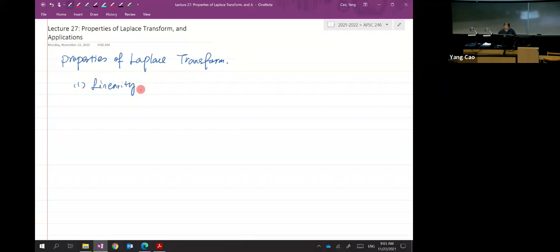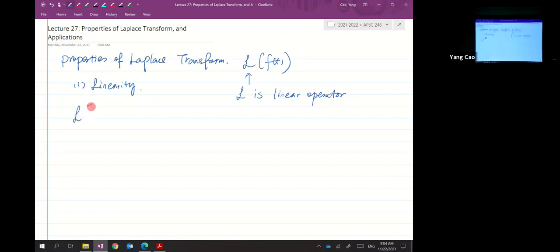So linearity basically means the Laplace transform, this operator L, is operating on a function f of t. This operator L is a linear operator. If it is a linear operator, then the superposition rule should be satisfied.